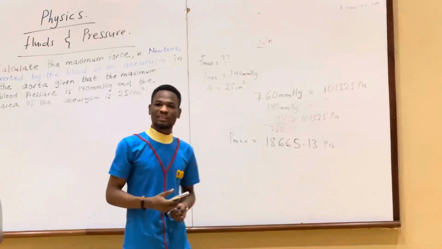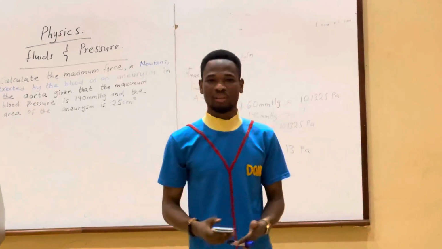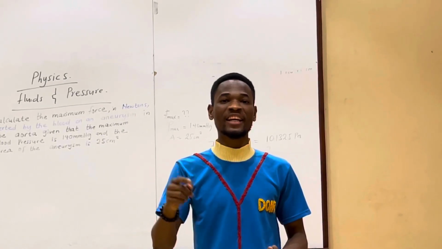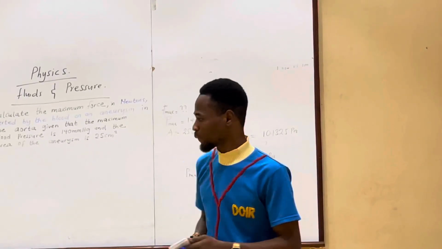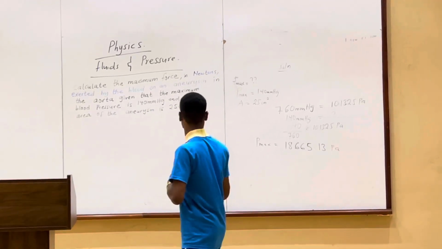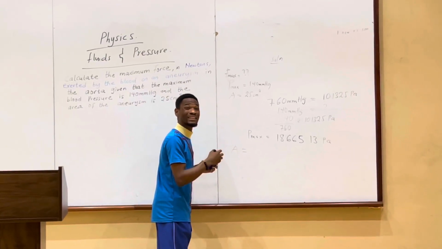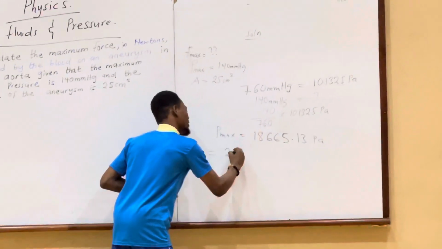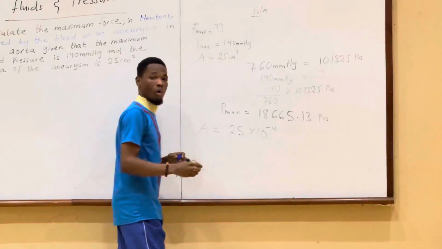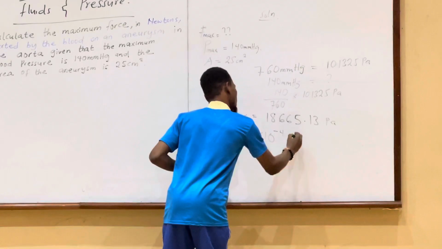If you want to change centimeter square to meter square, don't worry yourself. Just multiply the magnitude given by 10 to the power -4. That's all. When changing it to meter square. So my area, which is 25 centimeters square, is the same as 25 by 10 to the power -4 meter square. You get it that way?